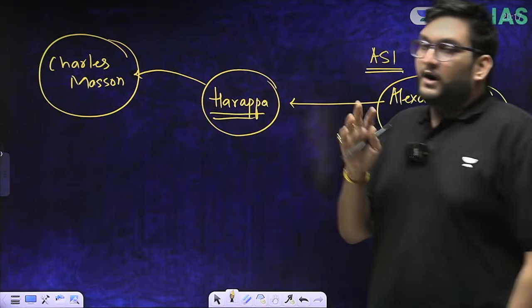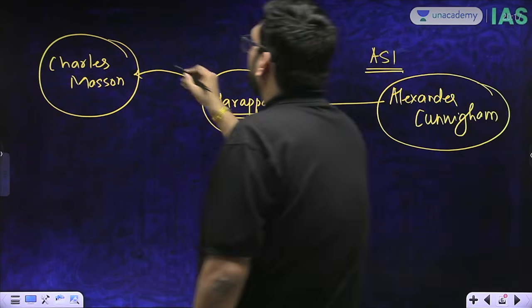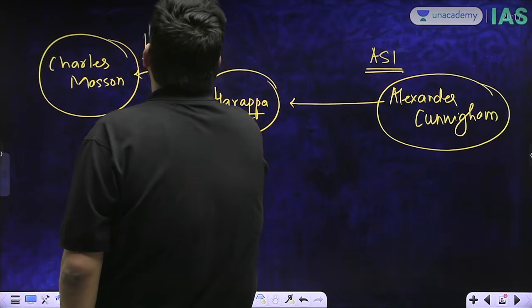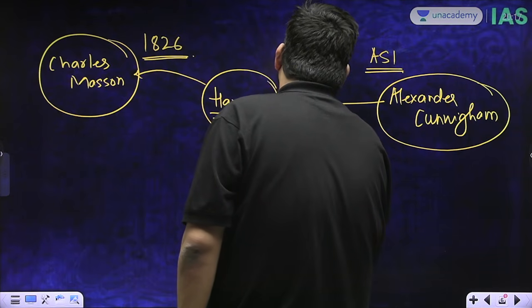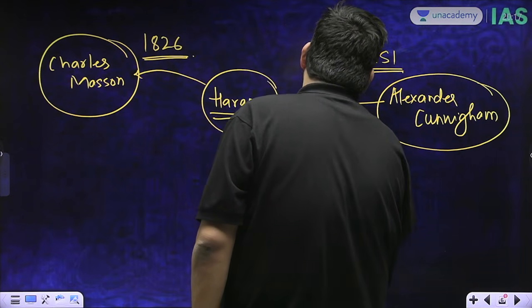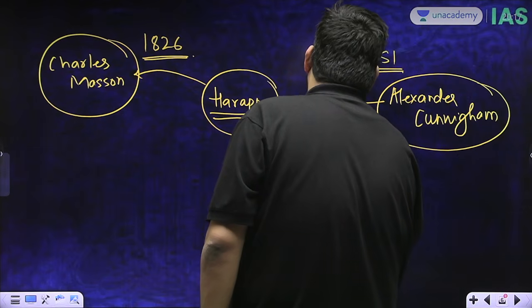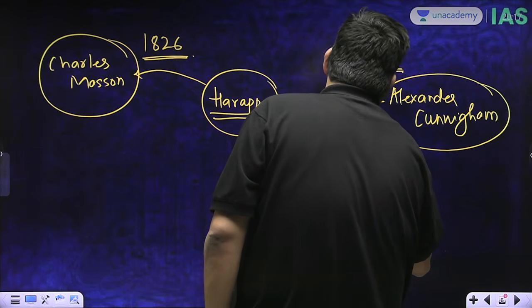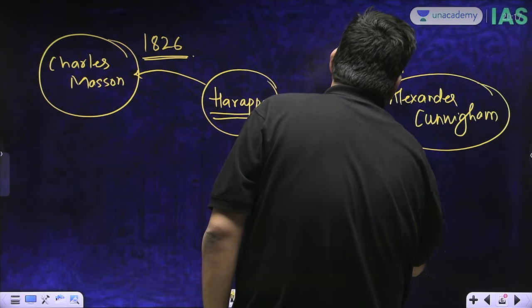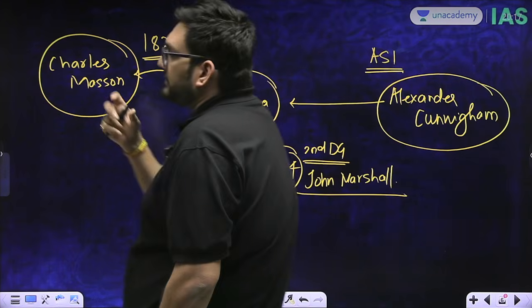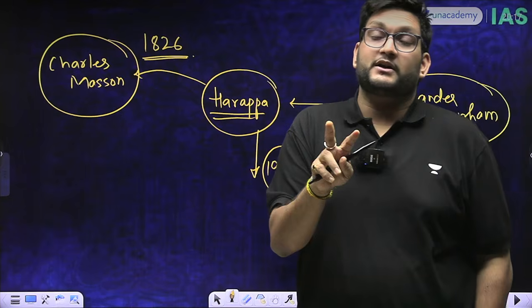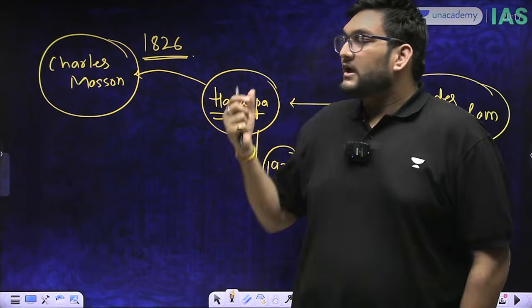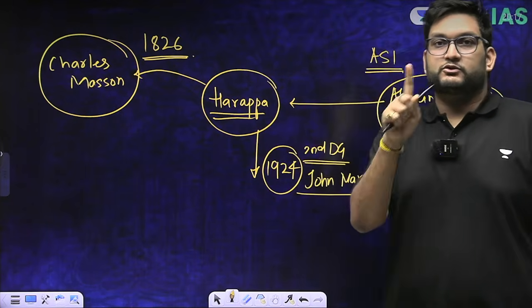But the world got to know about Harappa, this was in 1826, only in 1924, when the second DG of ASI, his name is John Marshall, told the world that there is a certain site called the Harappan Civilization, and he was the first to also call it Indus Valley Civilization, because when Alexander Cunningham reached, there was only one site.